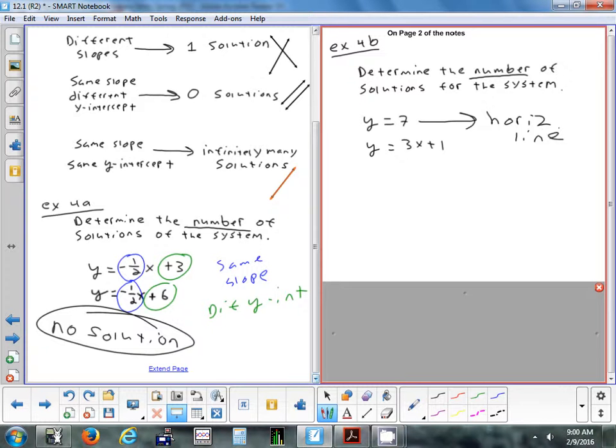What's the slope of a horizontal line if it's perfectly flat? Does anybody remember that? What's the slope of a horizontal line? It's not going up. Nope, it's a number. 0.